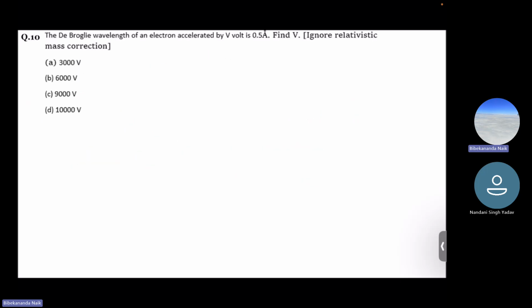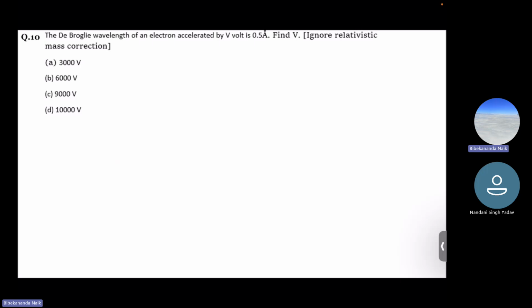Now we move to question number 10, which is the last question of today's interaction session. The question says, the de Broglie wavelength of an electron accelerated by V volt is 0.5 Angstrom. Find V. Ignore the relativistic mass correction. Options are A 300 volt, B 3000 volt, C 9000 volt, and D 10,000 volt.